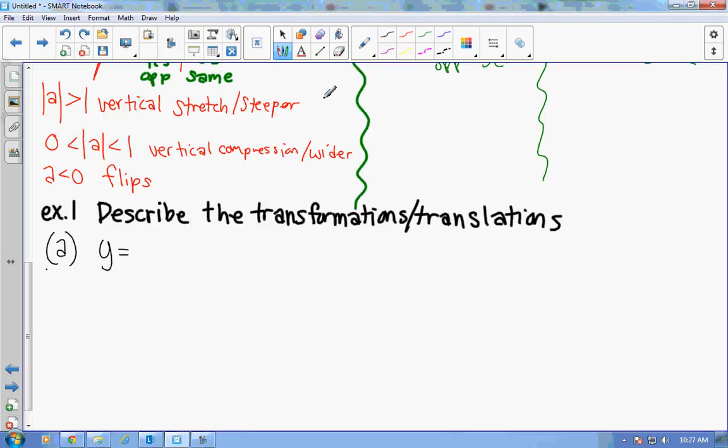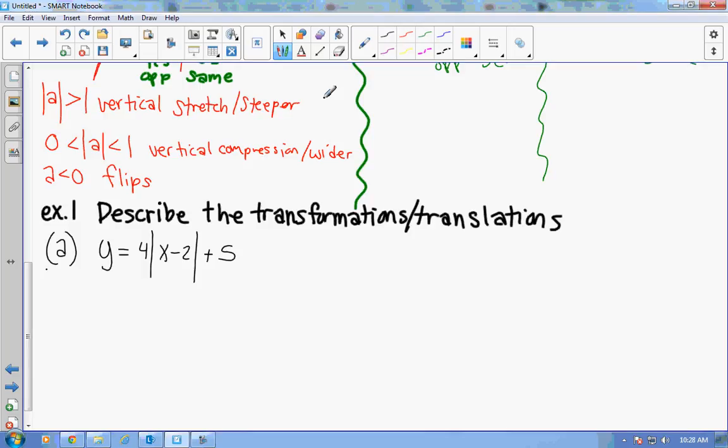Y equals 4 absolute value x minus 2, close the absolute value, plus 5. We drew the basic parent function up at the top, which is just y equals absolute value x. The vertex was at the origin, and we had nice arms with a slope of either positive 1 or negative 1.